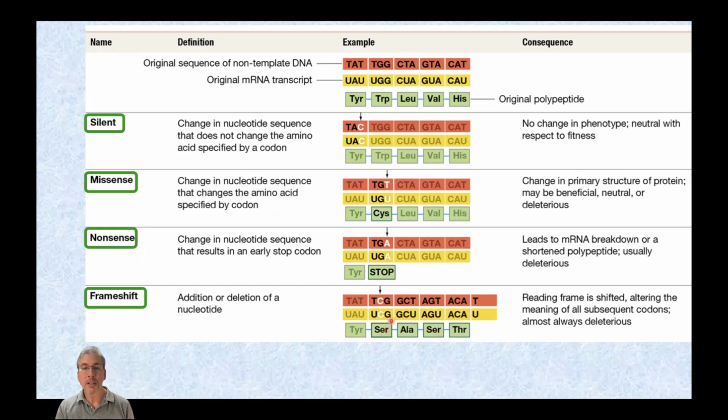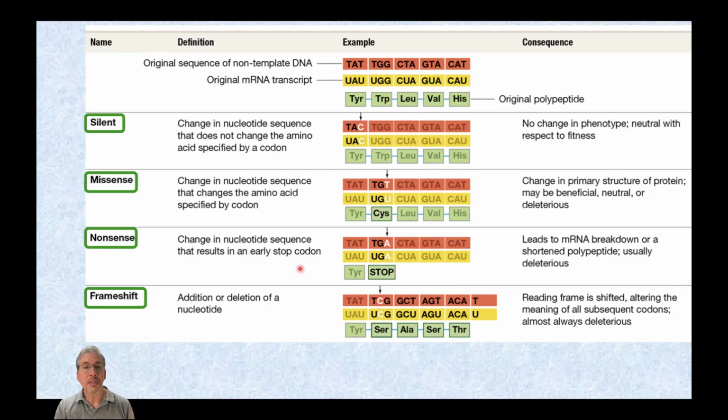So if we change this TGG and now we're going to insert an extra base, we're going to insert a C, now, from here on out, everything after that has a different reading frame than we had to begin with. So ultimately, you're probably going to see a big change in the amino acids that are linked together compared to the situation in the original version of that gene. So again, the implications could be quite significant.